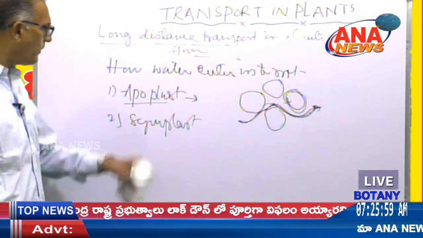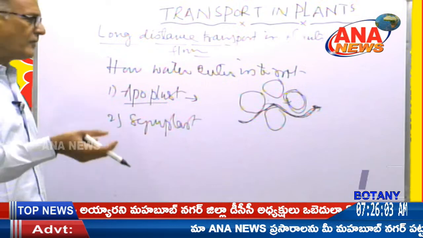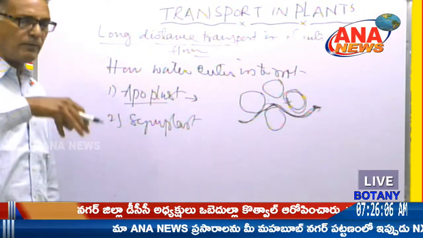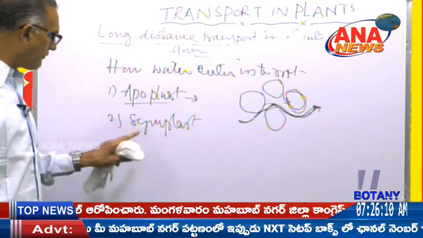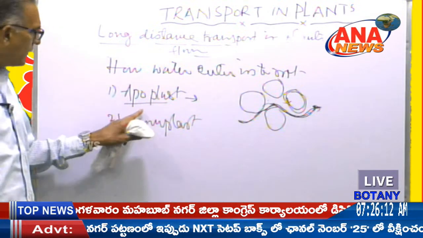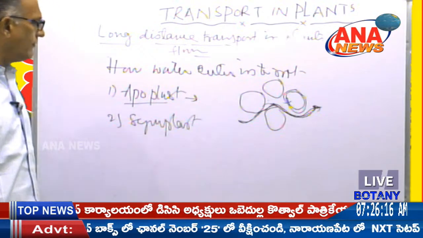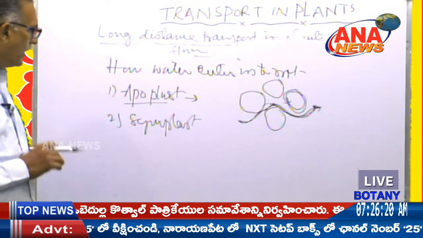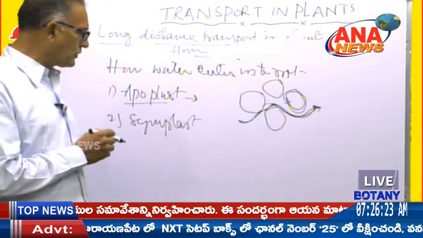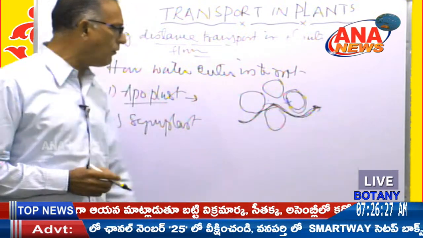What is apoplast? The root hair absorbed water enters into the deeper layer of the root by two methods. One is apoplast, another one is symplast. Apoplast is a continuous system of intercellular spaces present throughout the structure of the root. In the apoplastic system, the water moves through the intercellular spaces along with the cell wall.